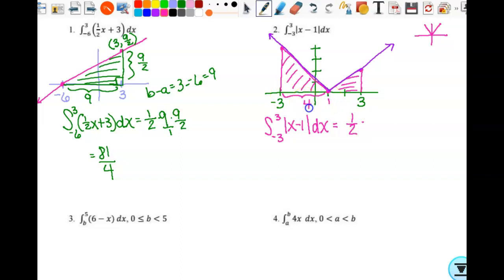So this whole thing is 4. So 1/2 times the base, which is 4, times the height, which is 4, plus 1/2 times 2 times 2. So this is 1/2 of 16, which is 8, plus 1/2 of 4, which is 2, and we get 10.